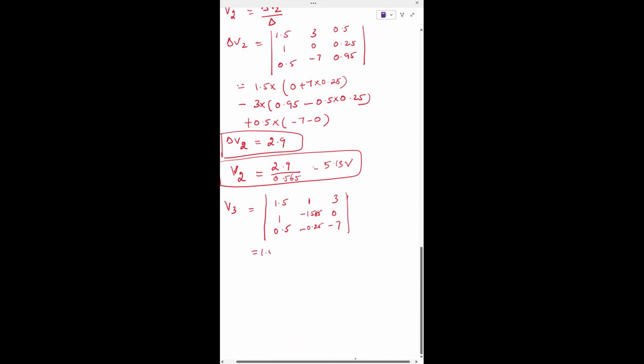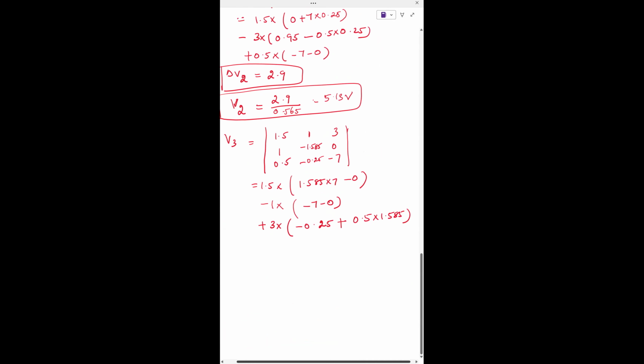So now calculate the value: 1.5 into 1.585 into 7, because minus into minus becomes plus, minus 0, minus 1 into minus 7 minus 0, plus 3 into minus 0.25, minus into minus becomes plus 0.5 into 1.585.